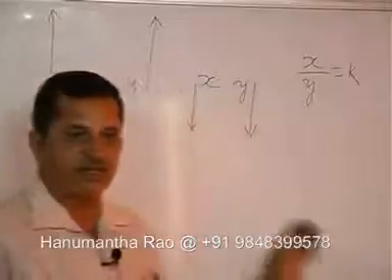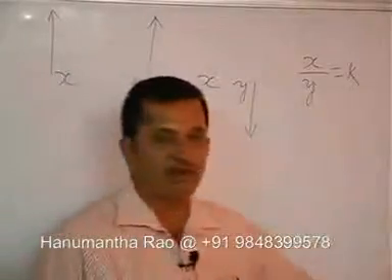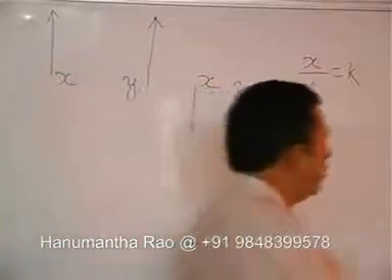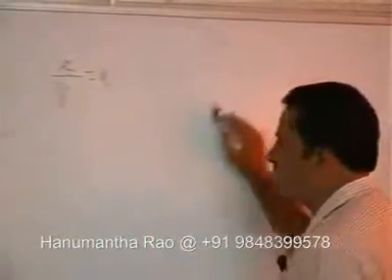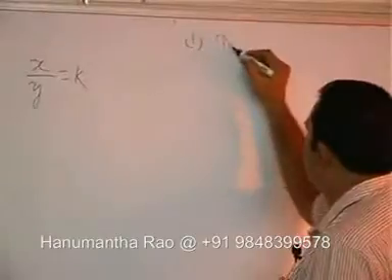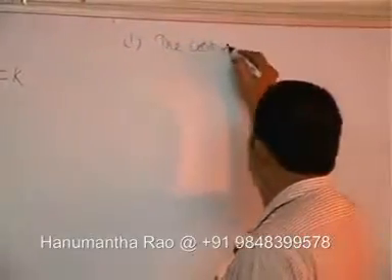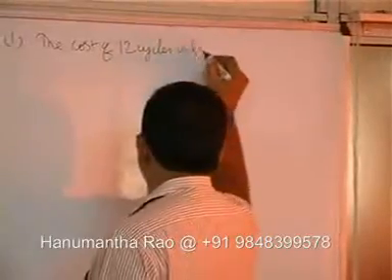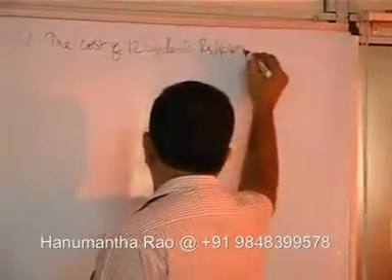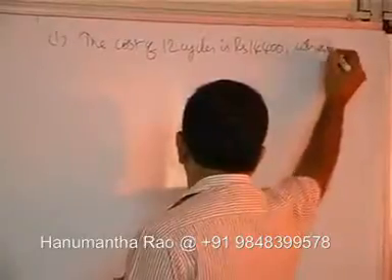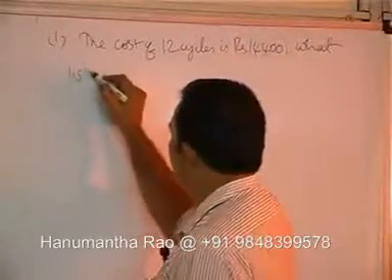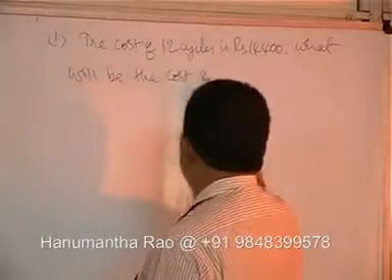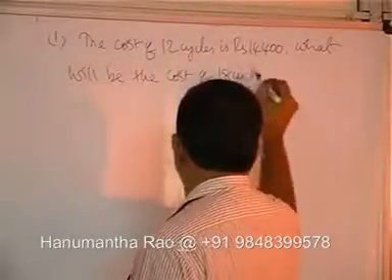Instead of explaining like this, if you take a small problem, that will be easier. How will a problem of direct proportion look? The cost of 12 cycles is rupees 14,400. What will be the cost of 18 cycles?